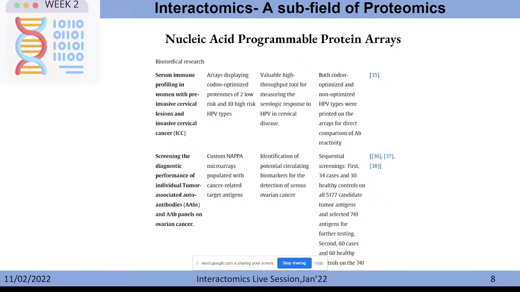So with the proteins which are reacting against particular proteins of the HPVs, you can find out whether those particular proteins are giving any immunogenic response or not.